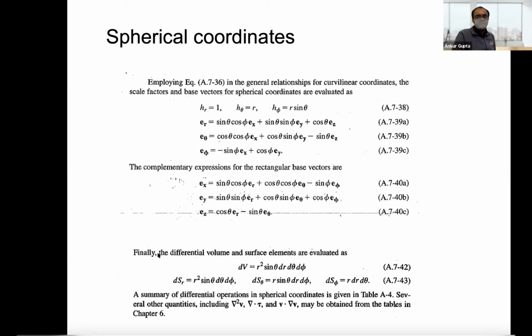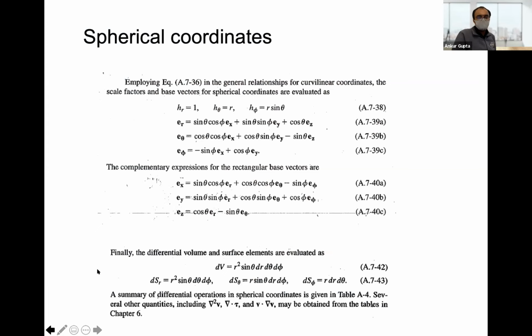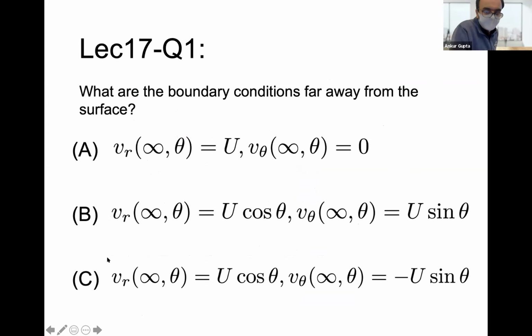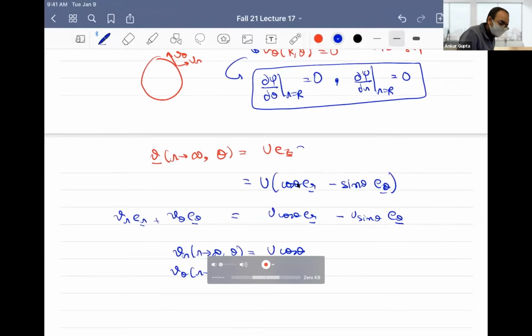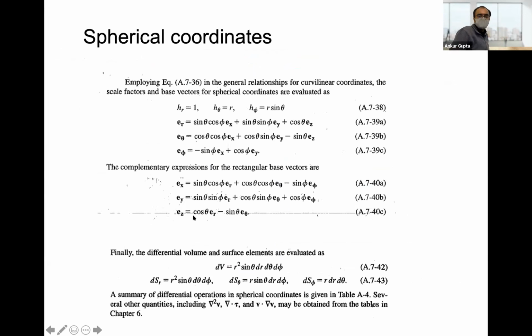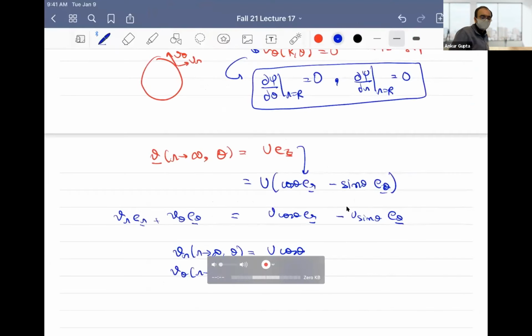Okay, so let's see. Did everybody get it? What is the correct answer? Anybody wants to volunteer? It should be C, right? Because if we go here, we had U e_z. We'll substitute e_z as cos theta e_r minus sin theta e theta, which is what you will do here.